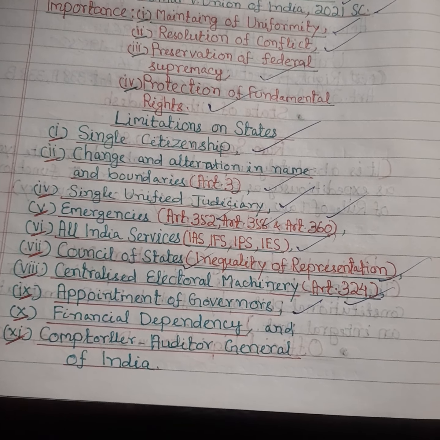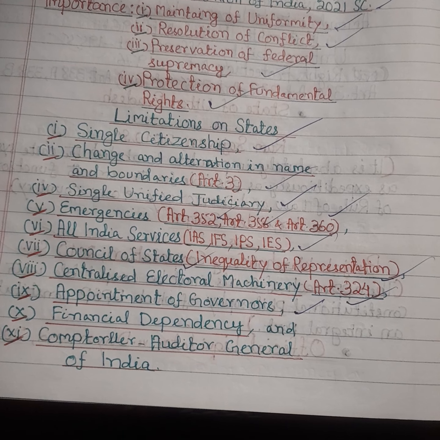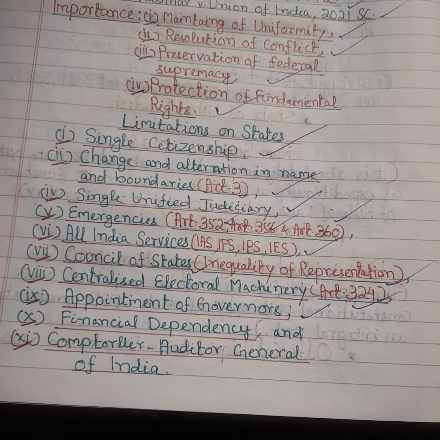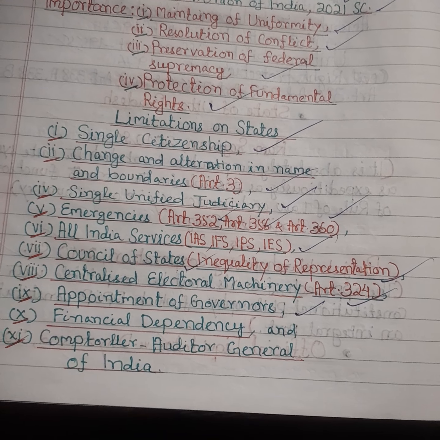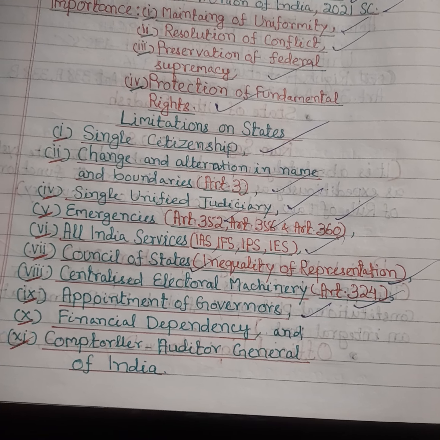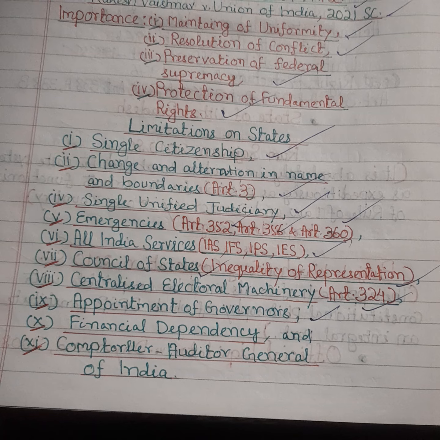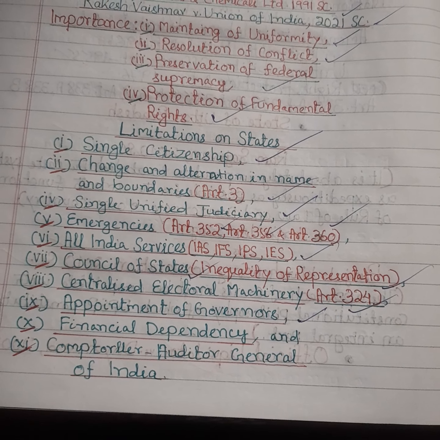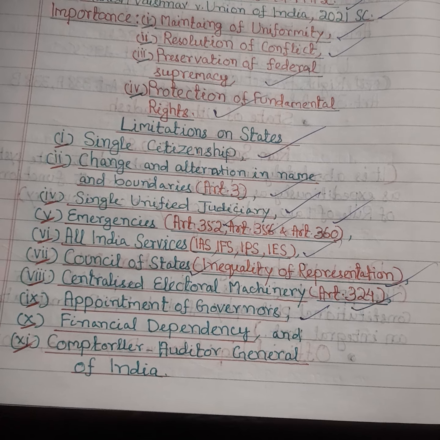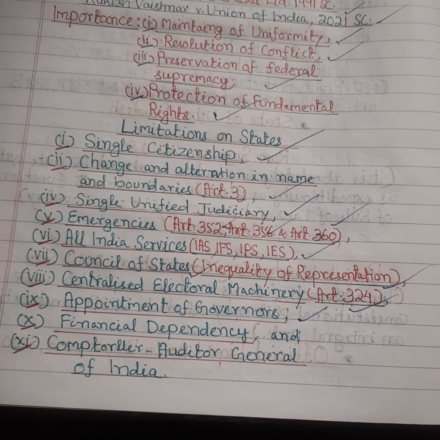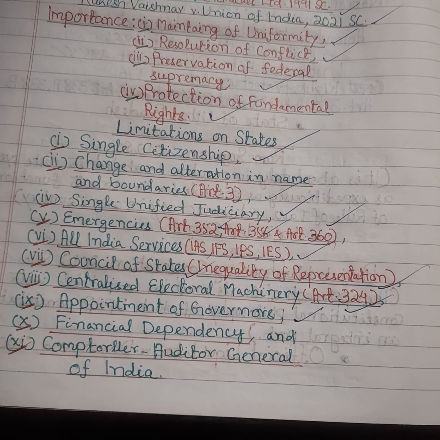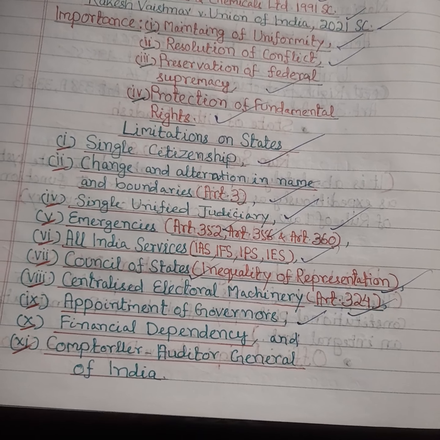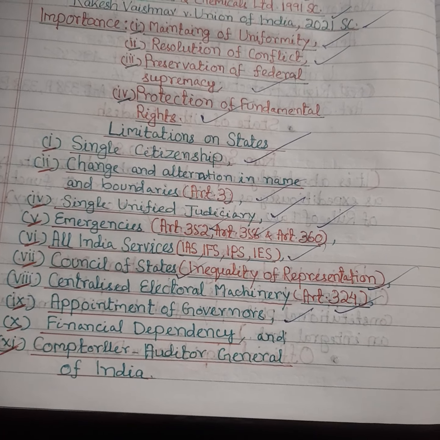In this way, the union government exercises control over the state legislative authorities, and also all the governors hold their office only under the pleasure of the president. So this is another limitation on state legislative authorities.